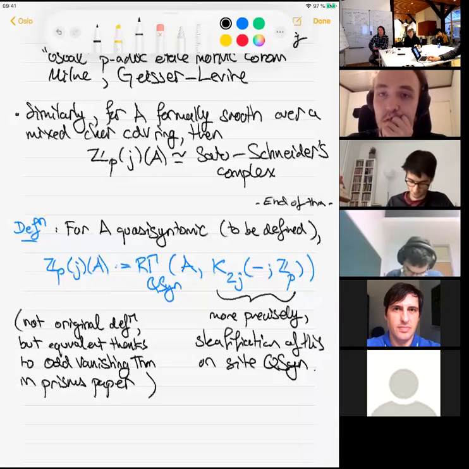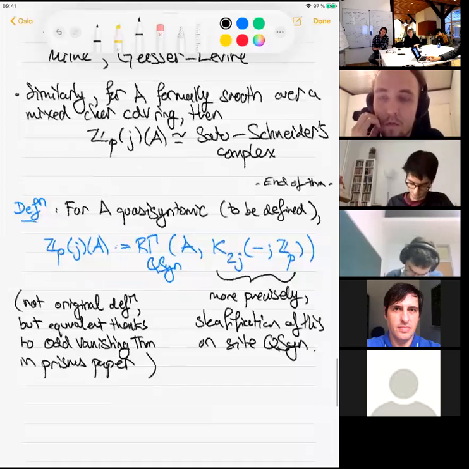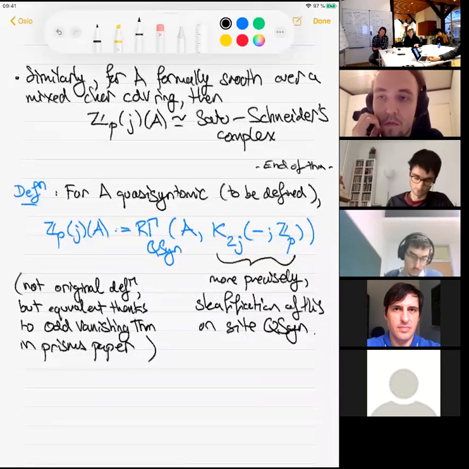You have to be able to discard these possible contributions from odd K groups to focus on what's happening in the even K groups, and this odd vanishing theorem does that. But we'll come to that in the next talk.